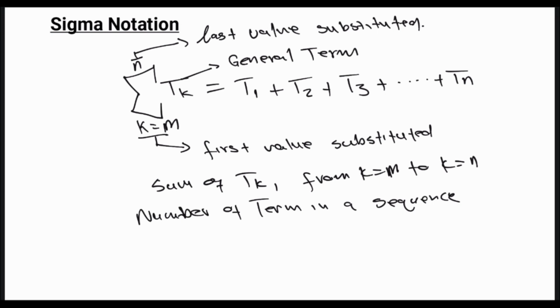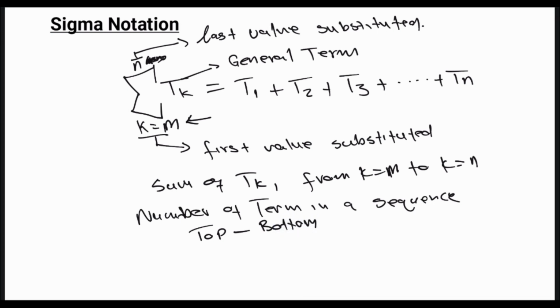The number of terms in a sequence is determined as the top number minus the bottom number. This is the top number right there, and this right there is the bottom number, right? So to find the number of terms, you say the top number minus the bottom number.